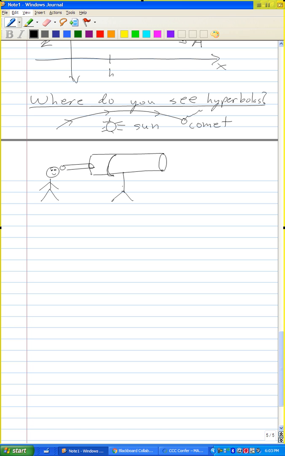One mirror will be a hyperbolic mirror, and the other will be a parabolic mirror.